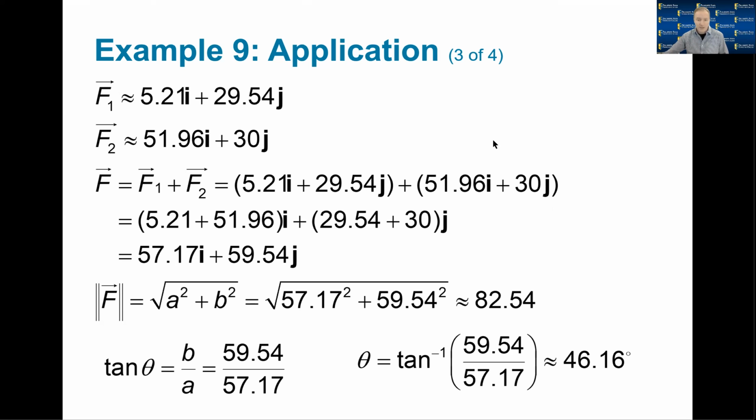When I add the j values, the vertical components, I'll get 59.54j. So this resultant vector F has slightly more force up than to the right, but it's going almost at a 45-degree angle.